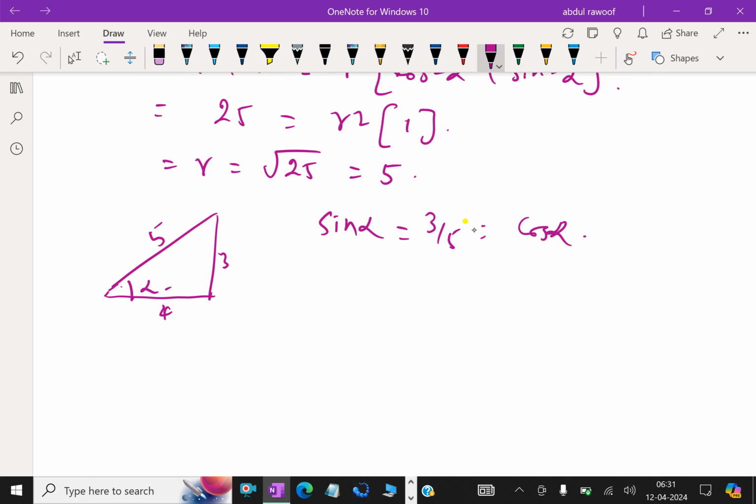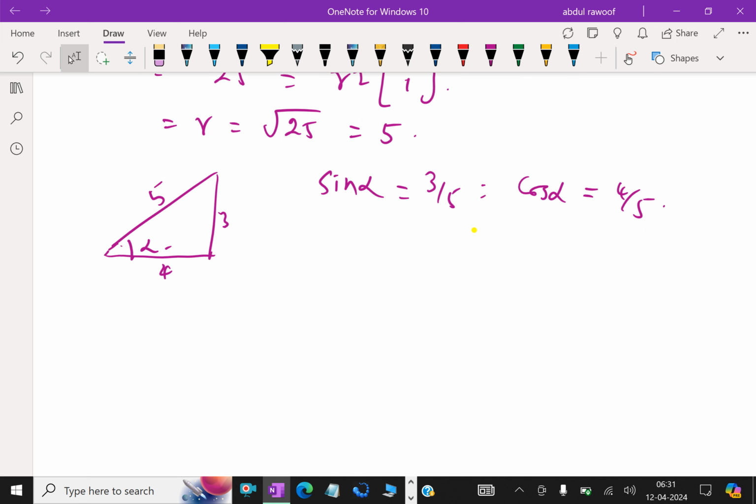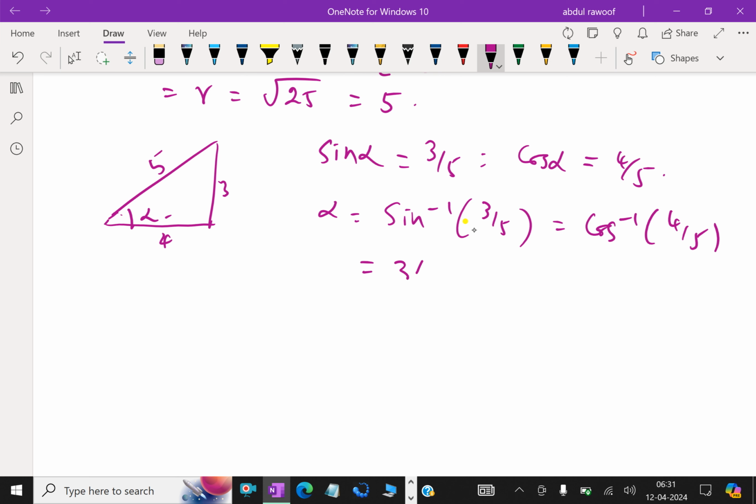From this we can say that alpha is sin inverse of 3 over 5, which is equal to cos inverse of 4 over 5, which gives the approximate value 36.9 degrees.